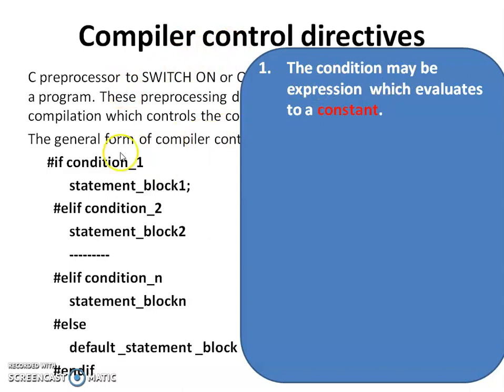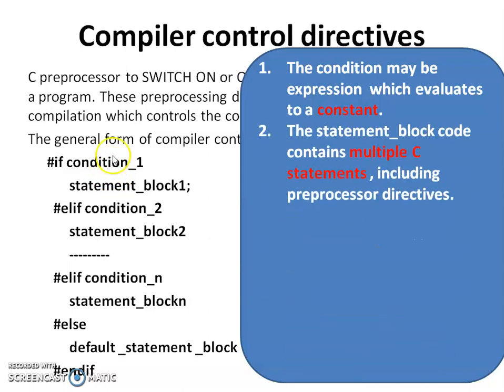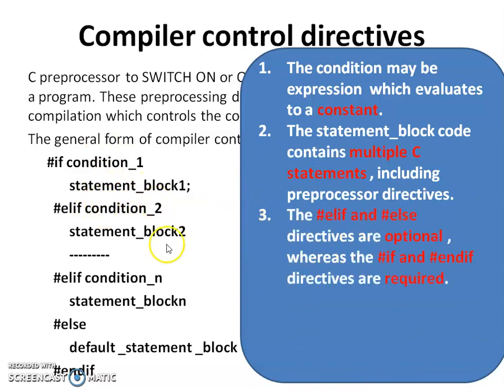The condition that we write here may be an expression which is going to evaluate to a constant. You can have multiple statements inside the statement block. And you can write the else if ladder, or you can just go ahead with a simple else as part of this if condition.